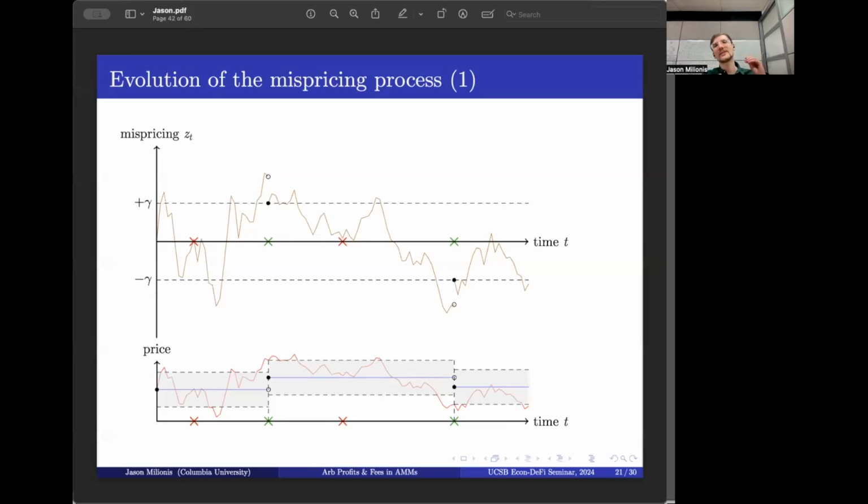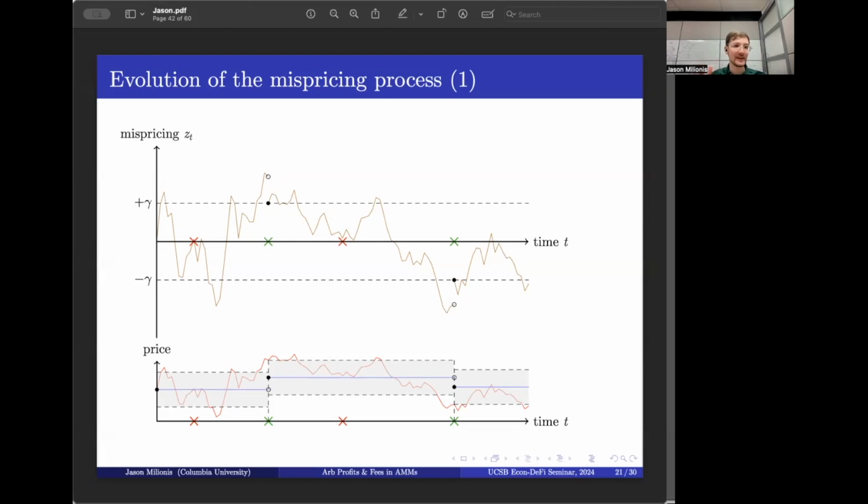So here we're actually going to focus on the mispricing process for a second. The bottom picture is the picture that I showed you earlier, and this is what's happening to the price. And if we now look at what's happening at the mispricing, the arbitrageurs are going to trade until the marginal revenue that they obtain is exactly the same as the marginal cost.